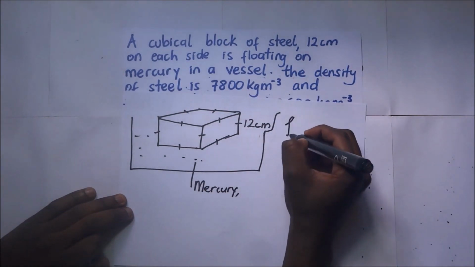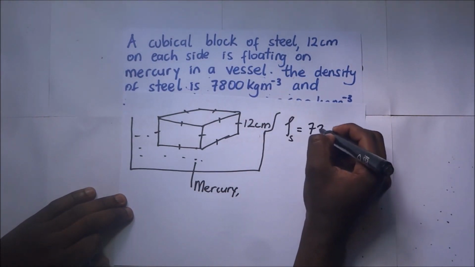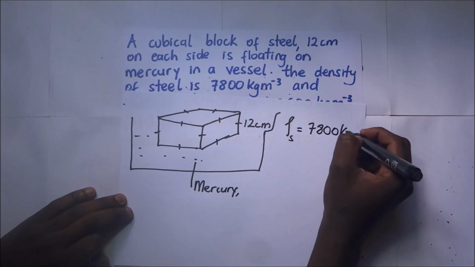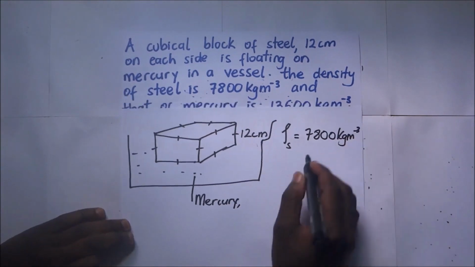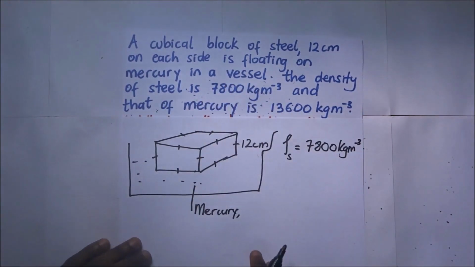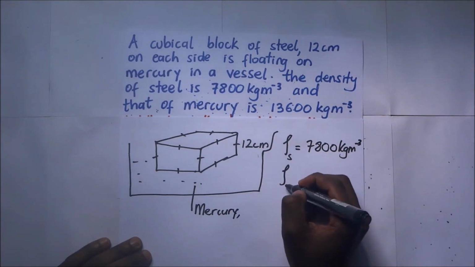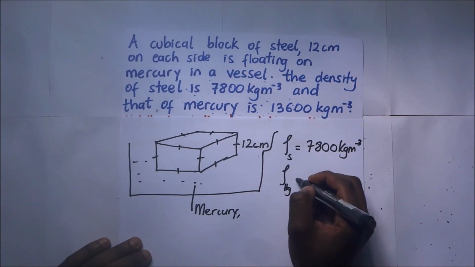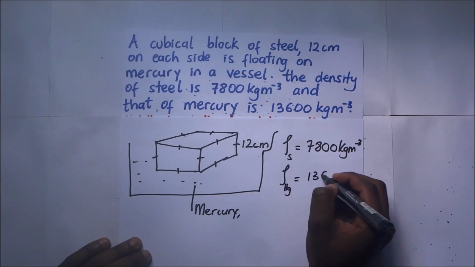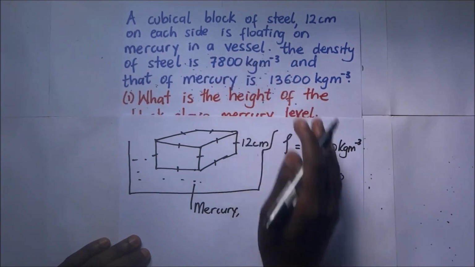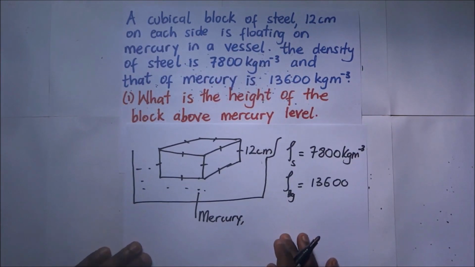Now the density of steel is 7,800 kilograms per meter cubed, and the density of mercury is 13,600.